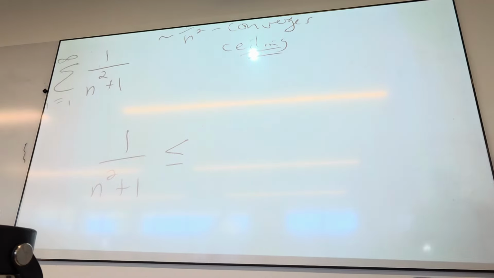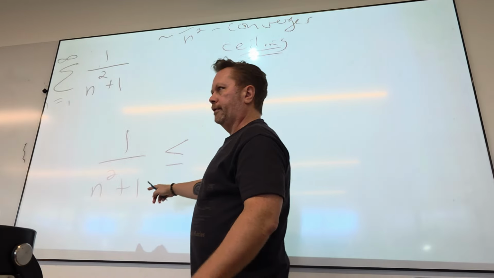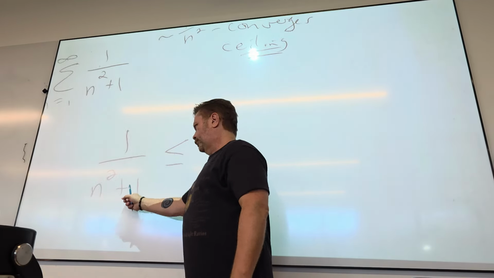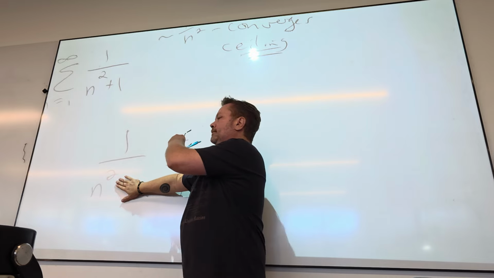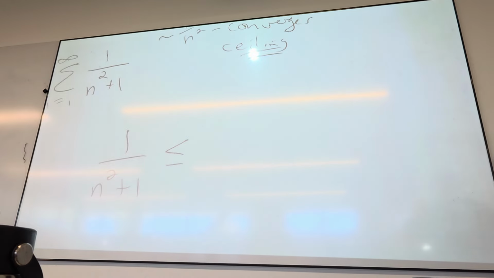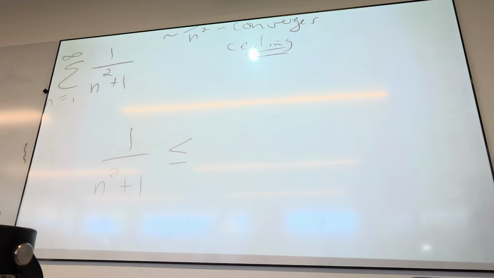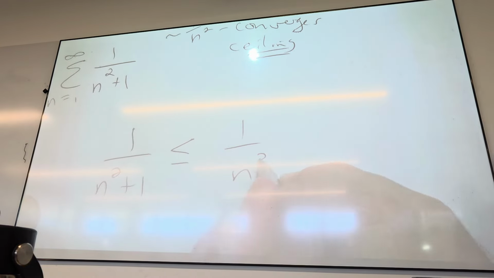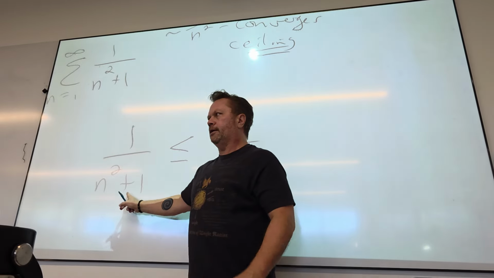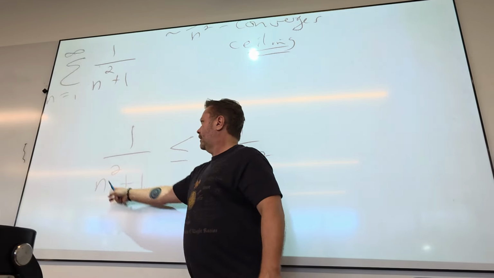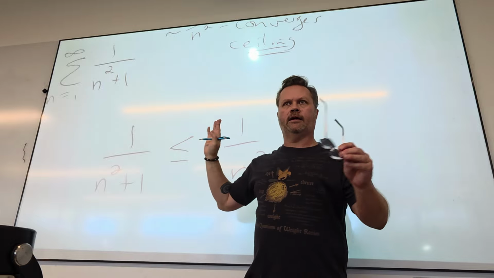So watch this. Why is this not 1 over n squared? Because of the plus 1. If I take that away, does the resultant thing meet this requirement? Yeah. Is 1 over n squared bigger than that? Why? Because this denominator is bigger, so this thing is less than this. Do you guys see that?